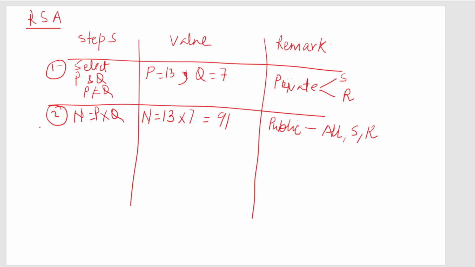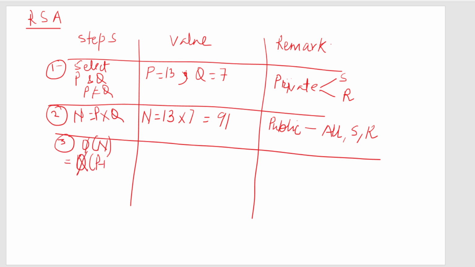Now the third thing is the calculation of the set of co-prime numbers, that is phi of n. This phi of n is calculated as, because n has factored into p and q, phi of p multiplied by phi of q, and because p and q are both prime numbers raised to the power of 1, we can write this as p minus 1 multiplied by q minus 1.